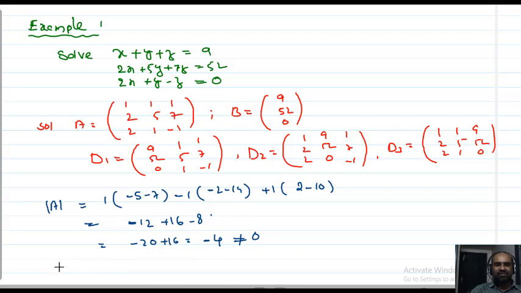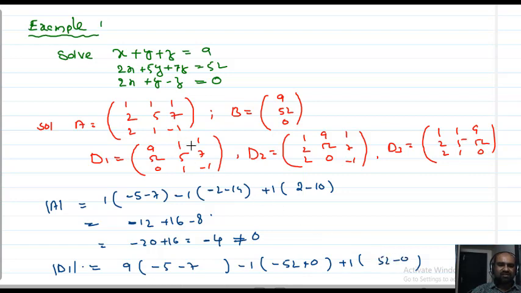Directly I will write here det D1. Here also 9 times of something, minus 1 times of something, plus 1 times of something. Here also I use the first row. Minus 5 minus 7, 1 time. Minus 52 minus 0 actually, plus 0 minus 0, that is not a big problem. 1 times of 52, again minus 0. Now I want to cross check. 1 times of minus 52, 0.